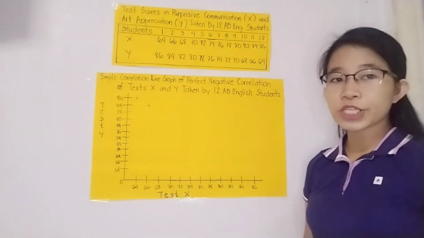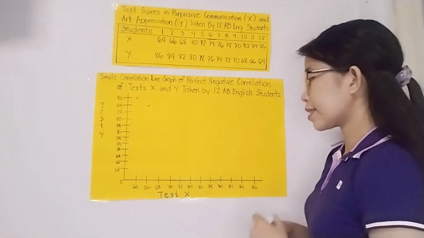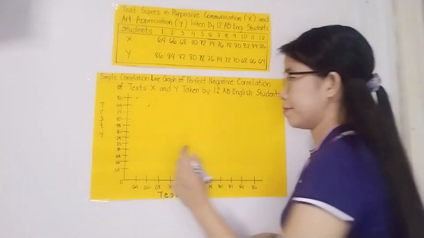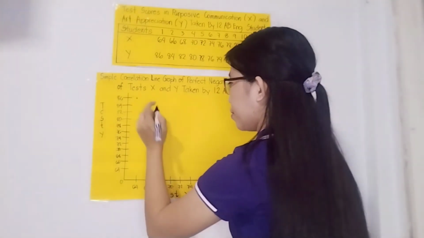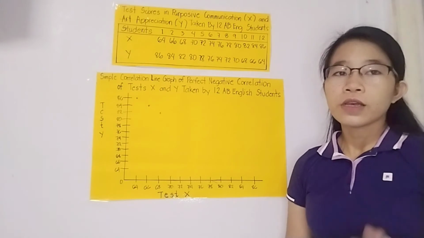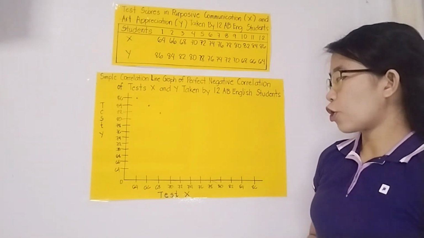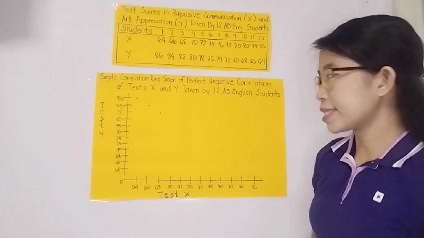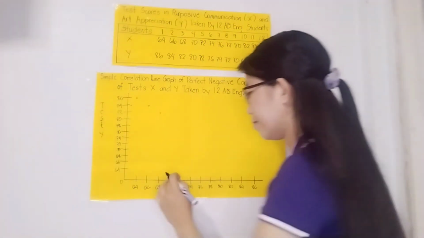Student 3 got the score of 68 in test x and 82 in test y. Student 4 got the score of 70 in test x and 80 in test y.